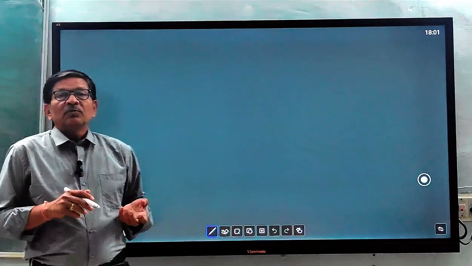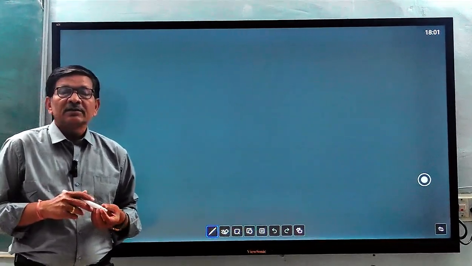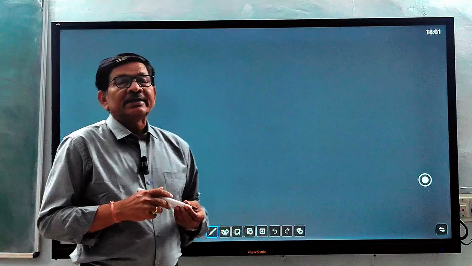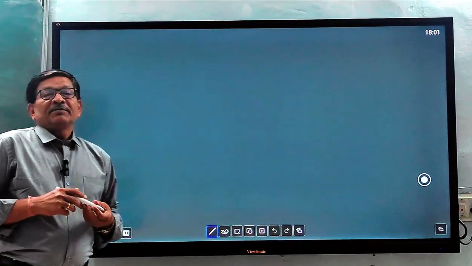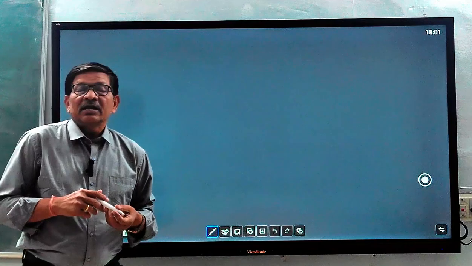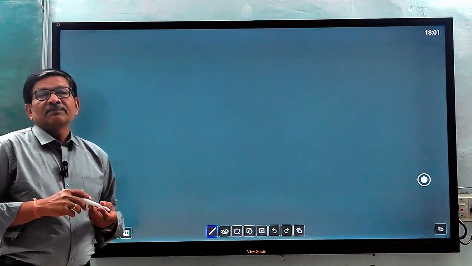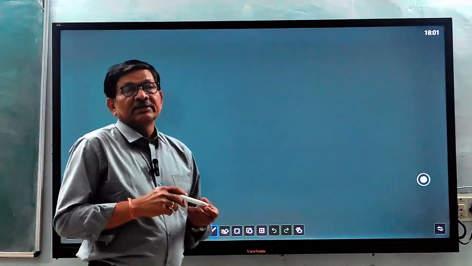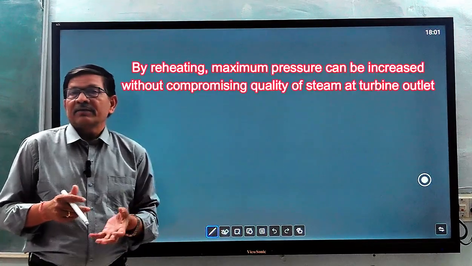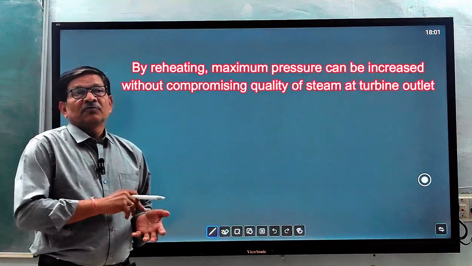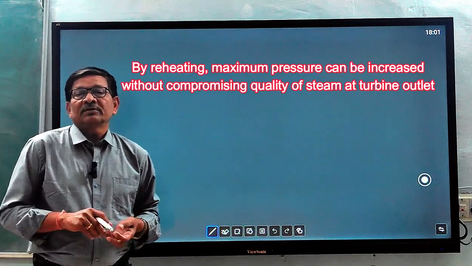Today we will discuss how reheating can be used for increasing the pressure, and how we can increase the mean temperature of heat addition by reheating. We can also increase the power developed, because here we will use two turbines, a high pressure turbine and a low pressure turbine, and then we can further increase the output from the thermal power plant.